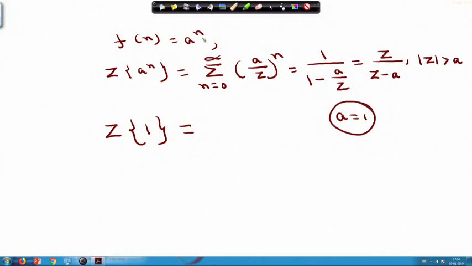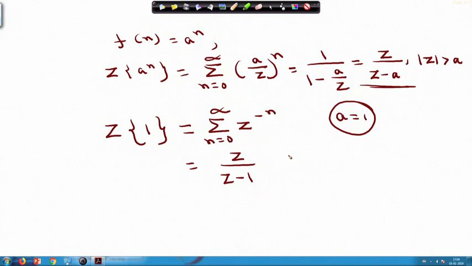If I take a equals 1, f n will become 1. So, this is nothing but summation n equals 0 to infinity z to the power minus n. From here this value will become z by z minus 1, obviously again mod z should be greater than 1.